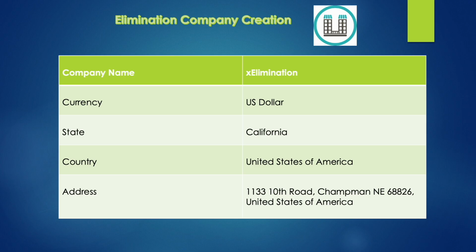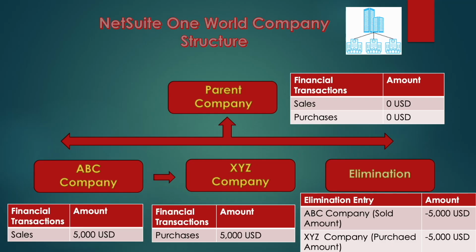Now, let's discuss the elimination subsidiary in more detail. In NetSuite, an elimination subsidiary refers to a specific type of subsidiary used in multi-subsidiary environments, particularly when consolidating for financial reporting. When you have multiple subsidiaries within a parent company, transactions between these subsidiaries can complicate financial reporting.